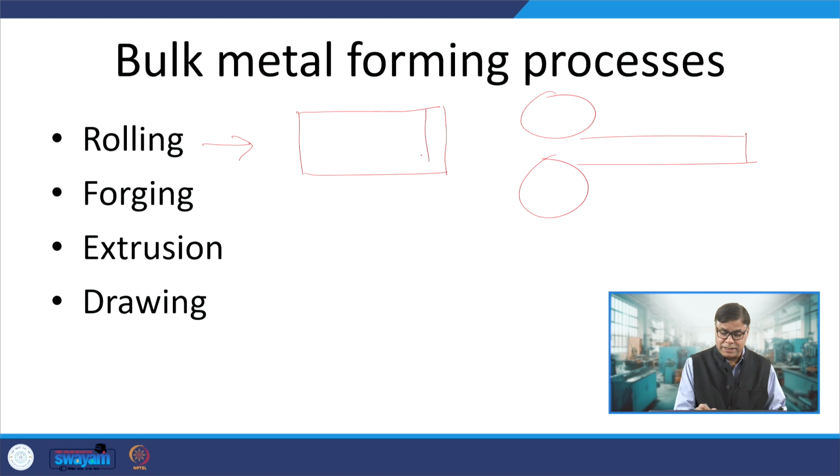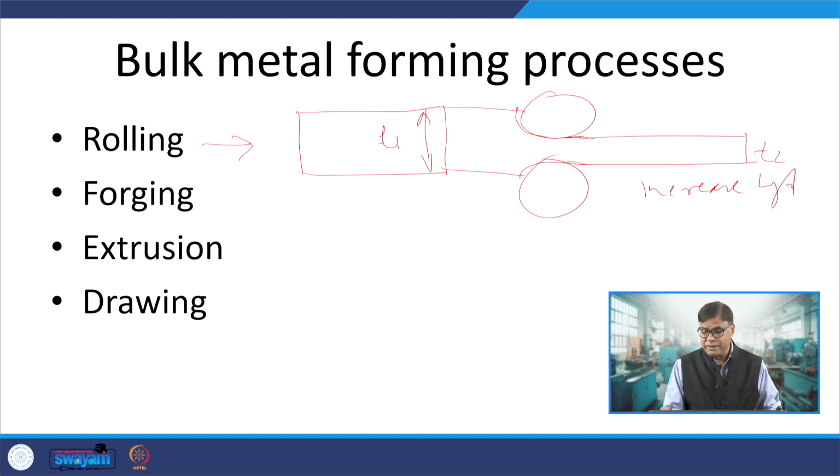So, in that case thickness is reduced from T1 to T2 after passing through these rollers like this, okay. Then when it is passed, it is deformed plastically, and this reduction in thickness is coupled with the increase in length.